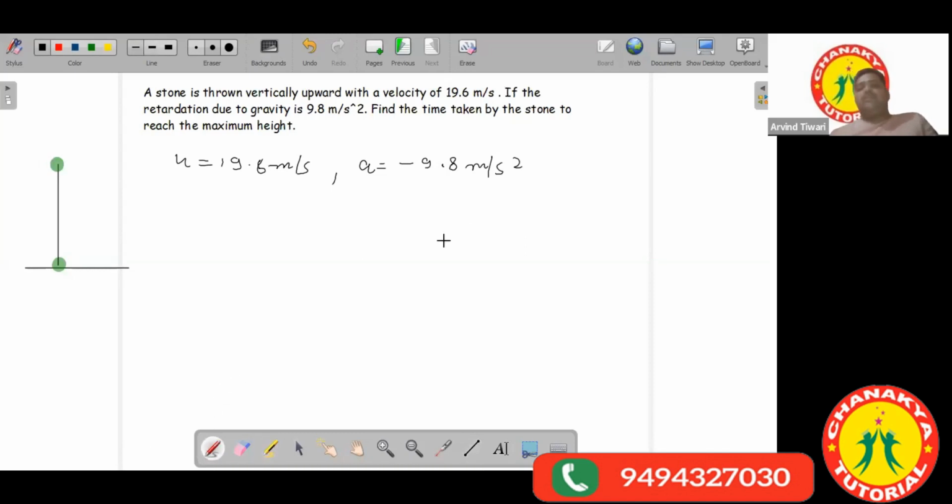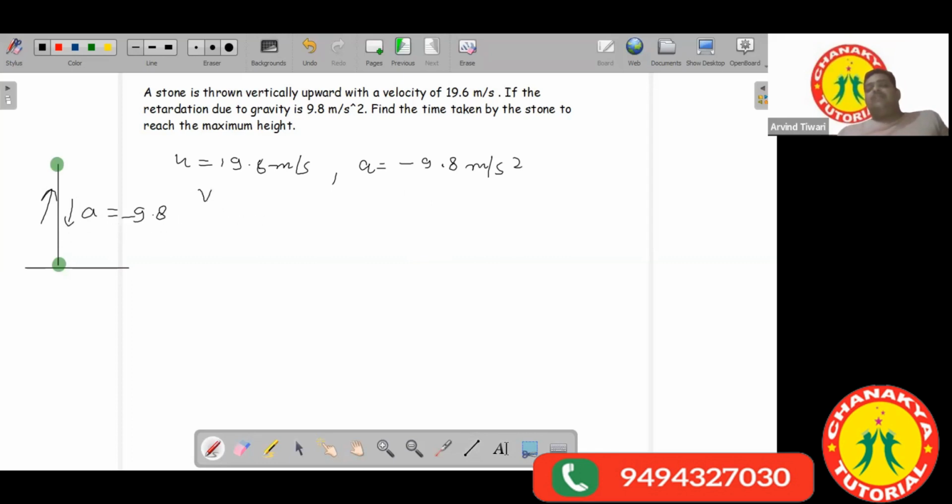We take acceleration as minus 9.8, which is downward. The stone is moving upward but acceleration is downward, so both are opposite to each other.